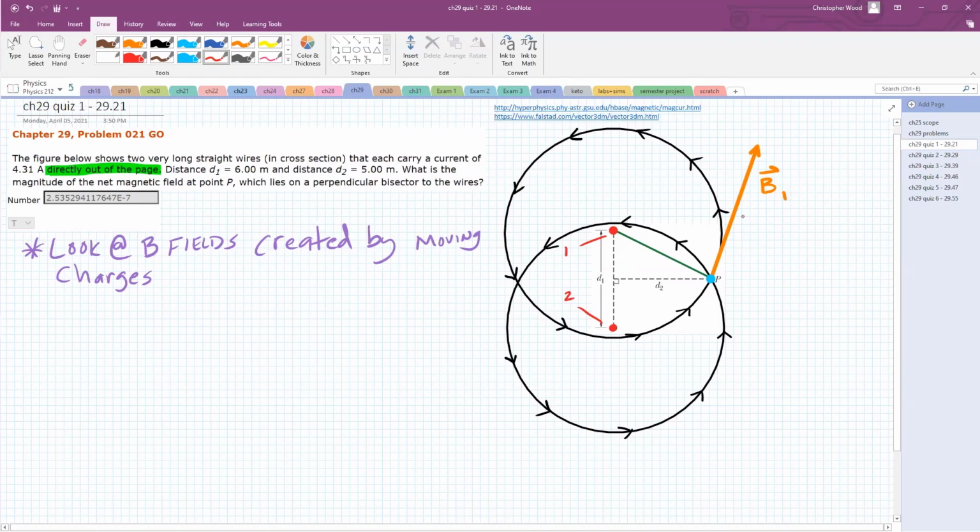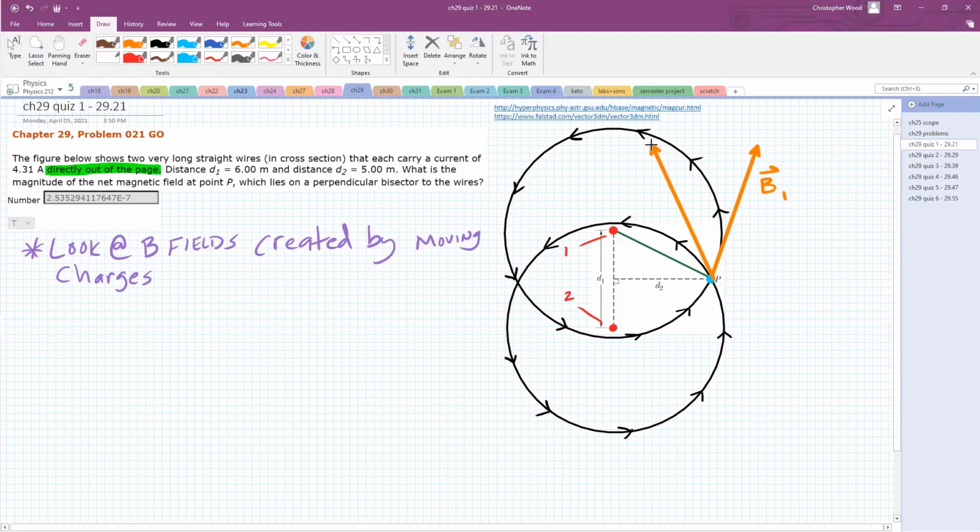This orange vector is the magnetic field that exists at point P due to the current carrying wire number 1. That's a mouthful. Using the same thought process, here's what's going on at point P due to the magnetic field created by current carrying wire 2, which again, I'm drawing as a tangent.